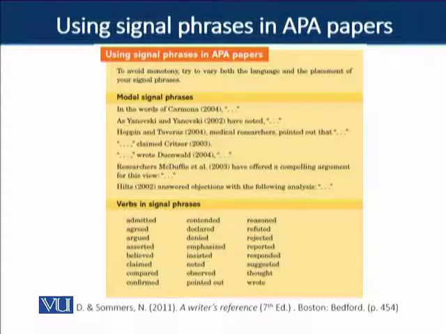Now I'm giving you the tips on how you would use signal phrases in APA papers, right? So using signal phrases in APA papers is basically to avoid monotony and try to vary both the language and the placement of your signal phrases, right? So you would be using signal phrases. For example, In the words of Carmona 2004, and then the quotation marks are there. So you would be putting quotations directly within these quotation marks, right?